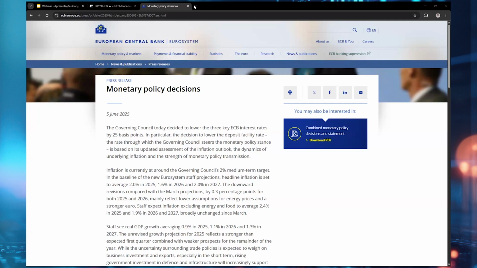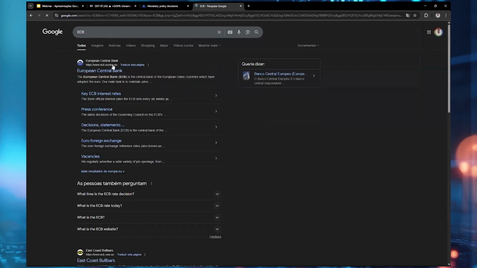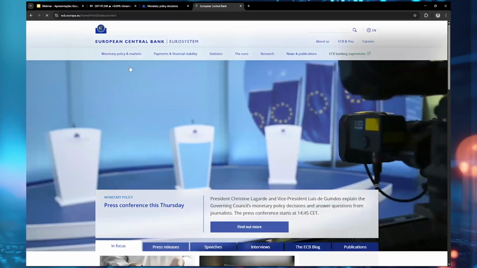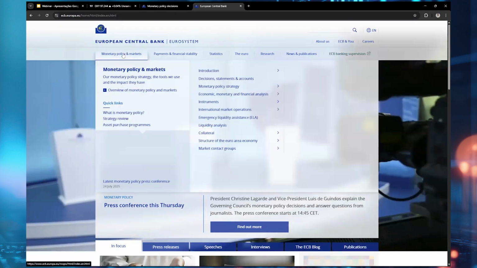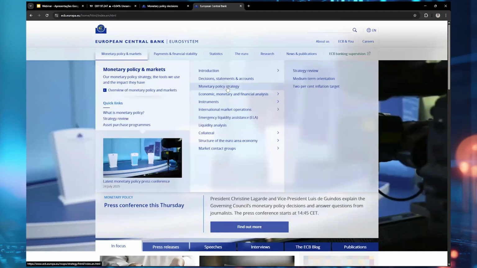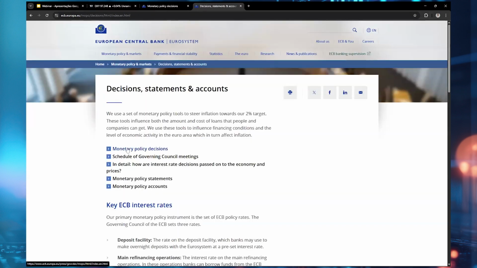The easiest way is just to type ECB and then click on that. Then you come to payments and financial stability, monetary policy and markets, and then monetary decisions, statements and accounts. And then from there, you have monetary policy decisions.